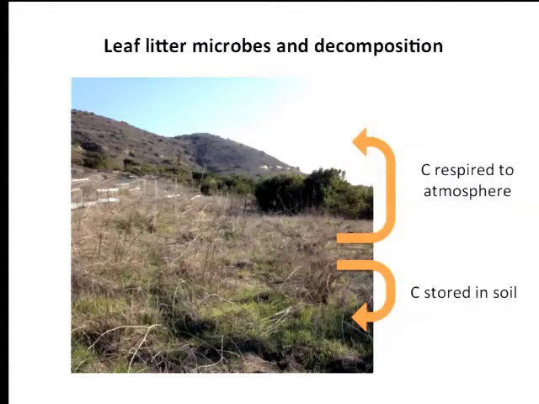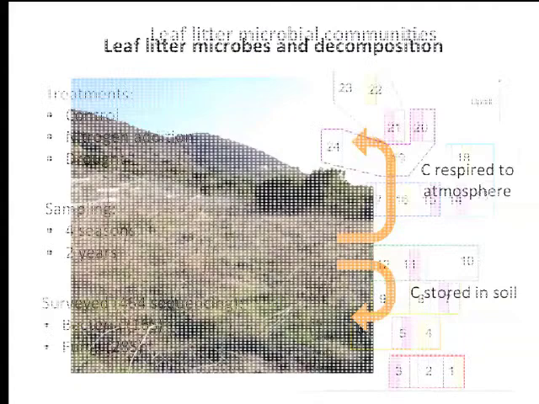And so leaf litter decomposition is important in many terrestrial systems, where it's sort of this process that is right at the intersection of whether the plant material, when it dies, is it going to be respired to the atmosphere, or is it going to be stored in the soil as more recalcitrant compounds. It also is a really nice system to work on because we can do a lot with leaf litter that we couldn't do with soil, for instance, in terms of manipulations, and you'll see that in a couple more slides.